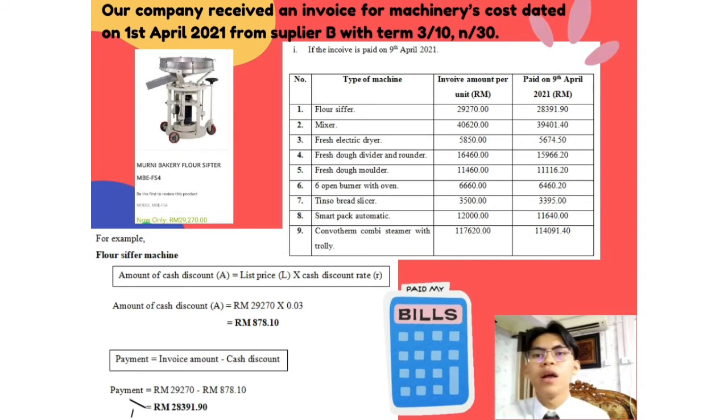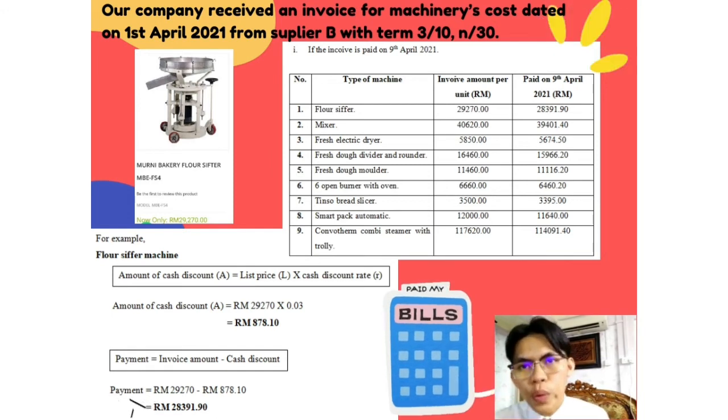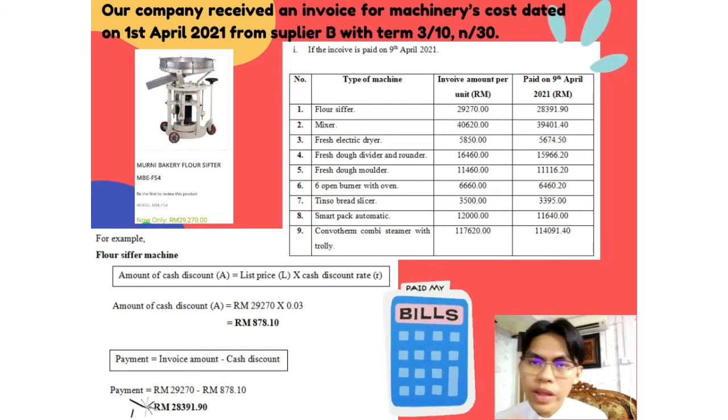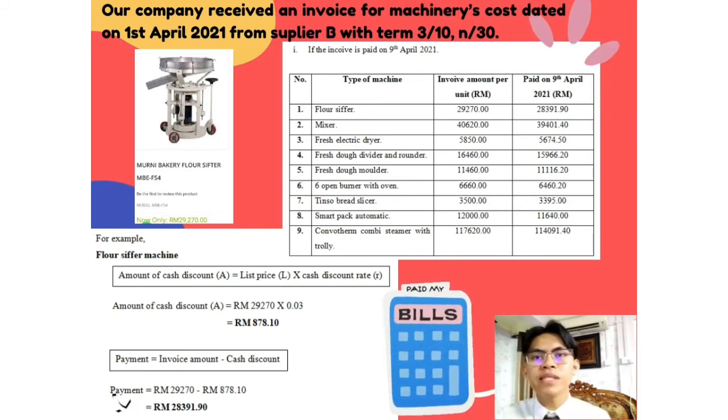So, the invoice amount needs to be reduced by the cash discount to know how much supplier B needs to receive from our company. For example, we choose the flow saver machine. To get the amount of cash discount, the list price, which is 29,270 ringgit, needs to be multiplied by the cash discount rate, which is 3%.